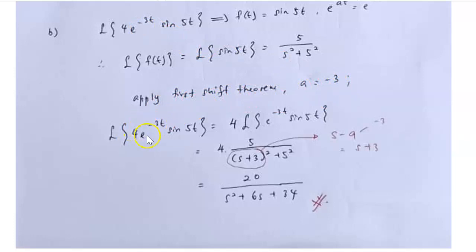So Laplace of 4e to the power of negative 3t sin 5t equals 4 taken out, leaving Laplace of e to the power of negative 3t sin 5t. Based on the f(t) earlier, Laplace of f(t) is 5 over s squared plus 5 squared, so s is replaced with s minus a. So 4 times 5 over (s minus a), where a is negative 3, so (s plus 3) squared plus 5 squared.